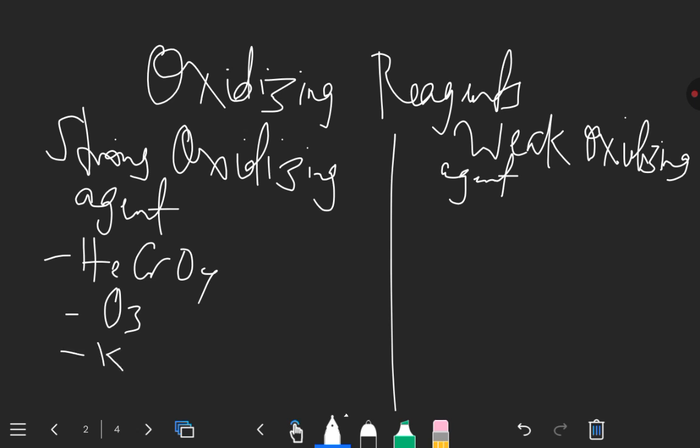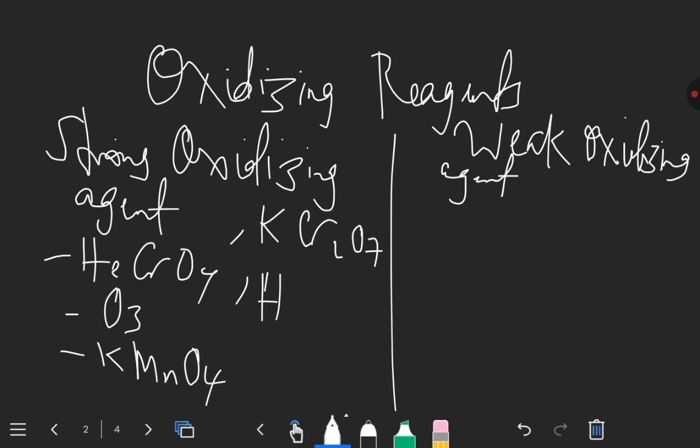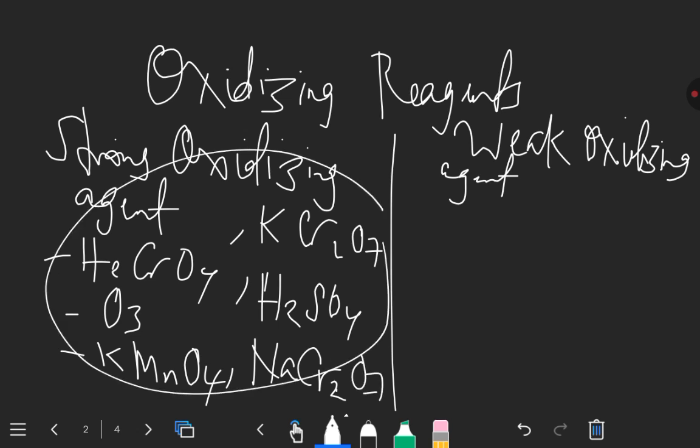We can have potassium dichromate, potassium manganate, or sulfuric acid, and also sodium dichromate. So all these are strong oxidizing agents.